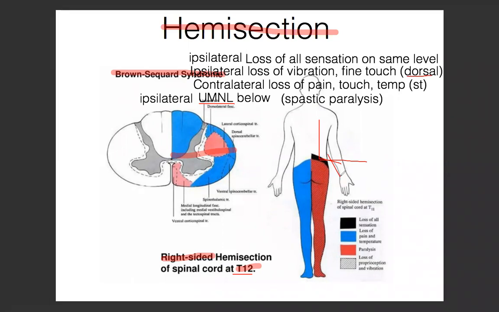Like the nerve going out of the same level of the injury will accidentally get injured as well. So on the same level, you'll get a lower motor neuron. يعني تجيك lower motor neuron only on the same level of injury. يعني في T12 بس. In this scenario, in this example, T12 بس حيجيها lower motor neuron. لكن الباقي كله حيجيه upper motor neuron.